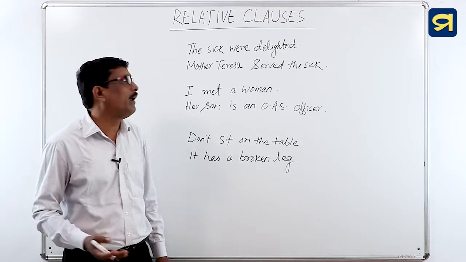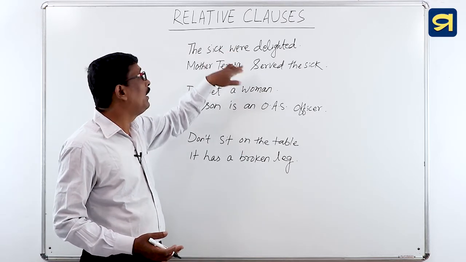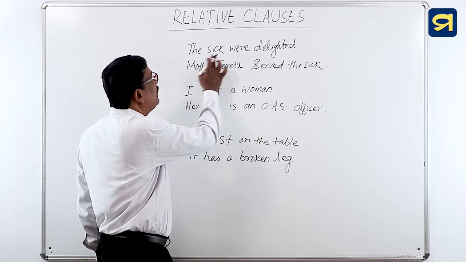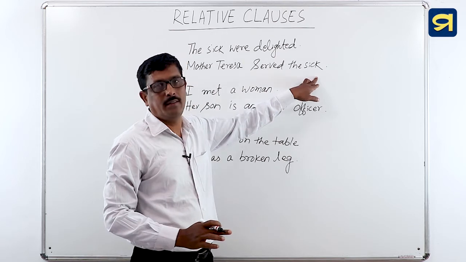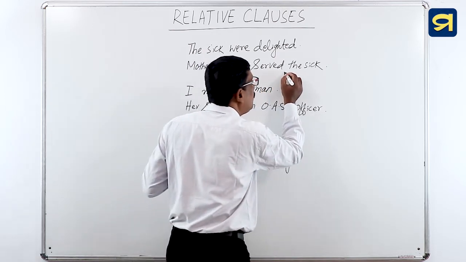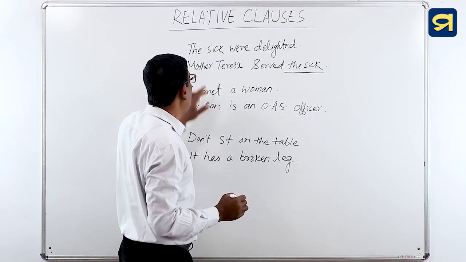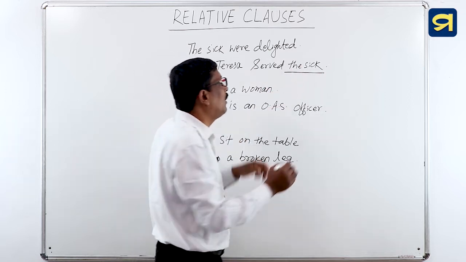Now we are going to combine the two sentences using a correct relative pronoun. The sick were delighted. Mother Teresa served the sick. Here the sick is the subject and here the sick is the object. Here the sick relates with the sick, and here the sick is the object.